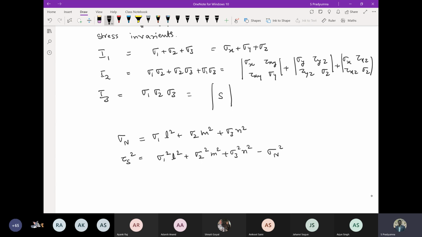And I also have a condition that L square plus M square plus N square should be equal to 1.